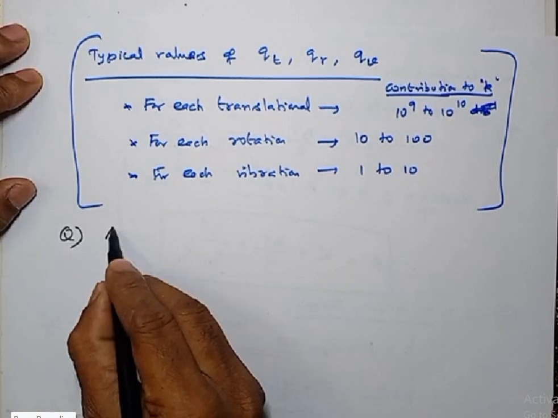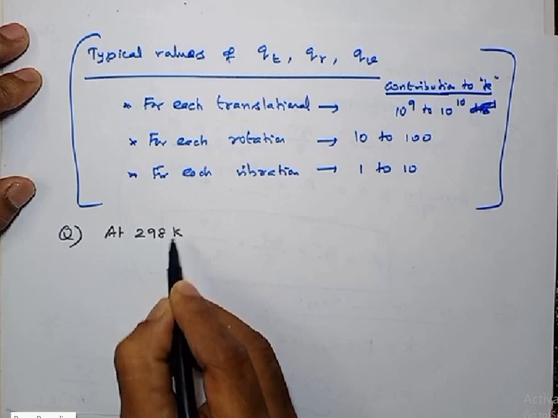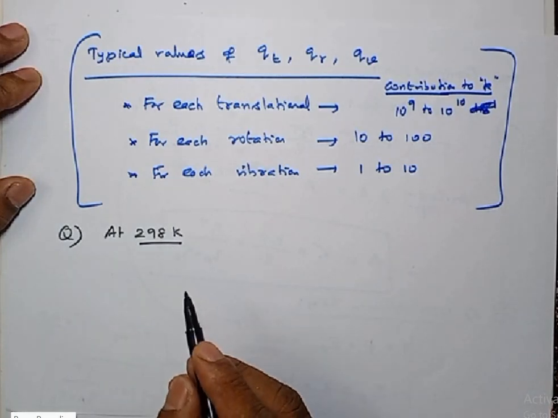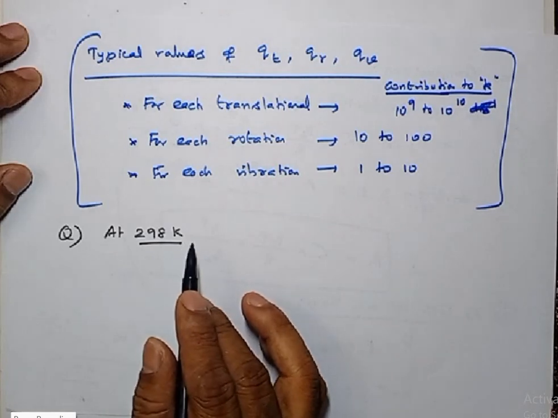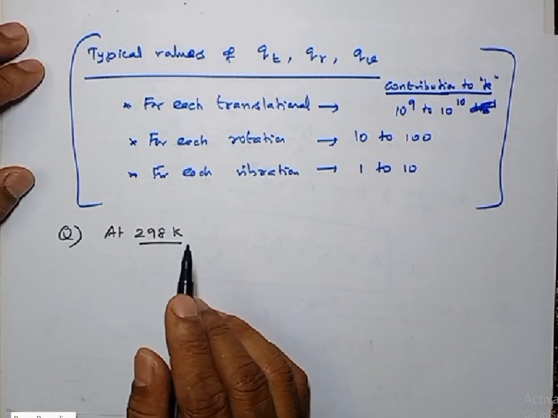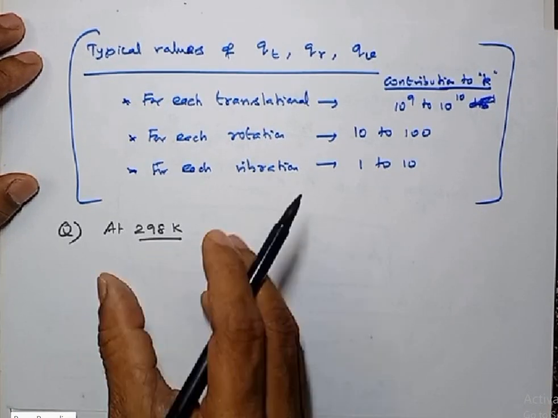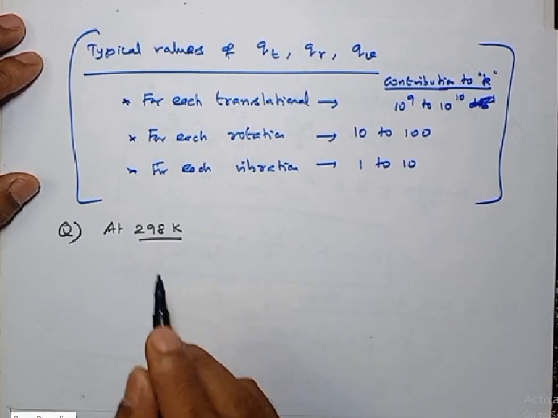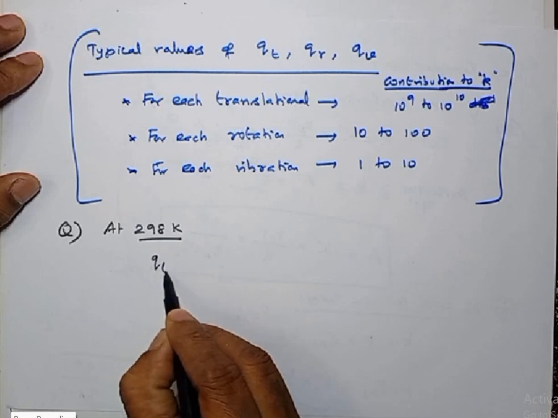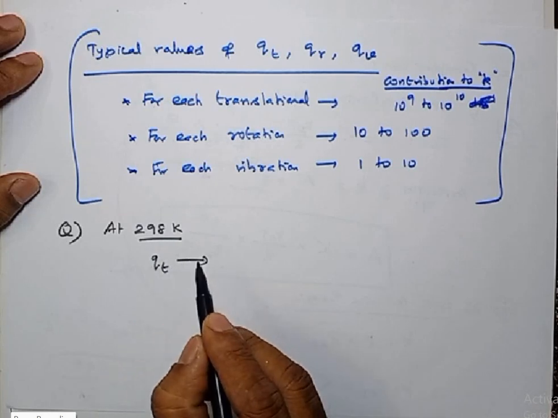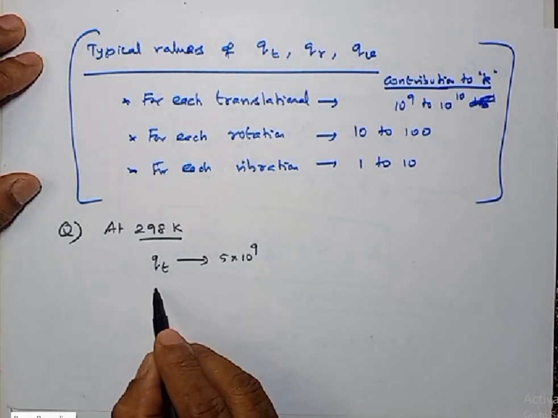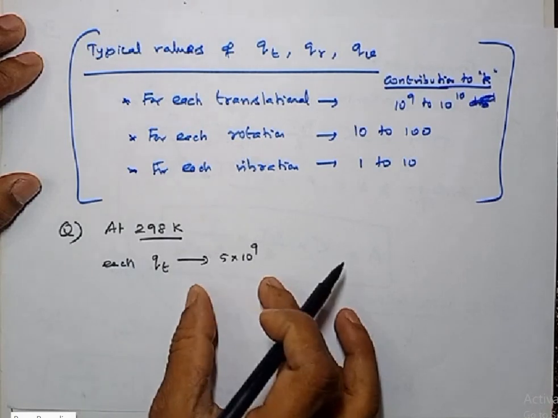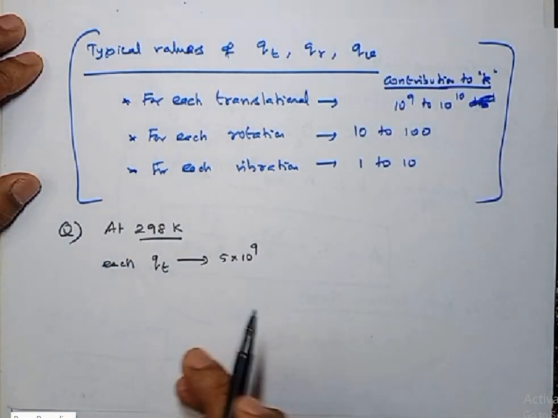Take down this question. At 298 Kelvin, using the typical values of the translation, rotation, vibration. Let me give some value for this particular problem. Say each translation contributes 5 into 10 to the power 9, in the range 10 power 9 to 10 power 10.